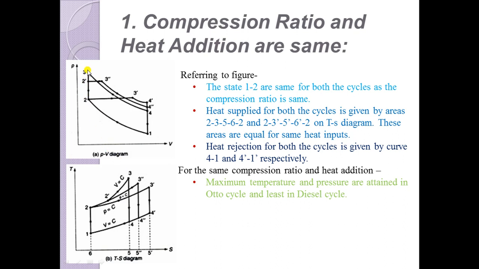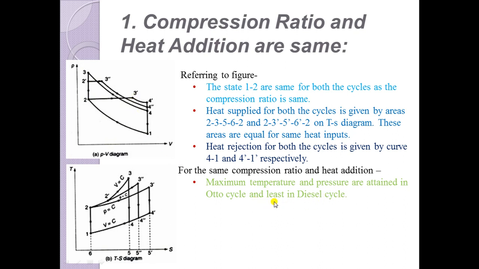The maximum pressure is at point 3 and 1, 2, 3, 4 represents Otto cycle, and 1, 2, 3 dash, 4 dash and 1 represents diesel cycle. The pressure in the cycle at point 3 is maximum and pressure at point 2 as well as point 3 dash is minimum, which is for diesel cycle.